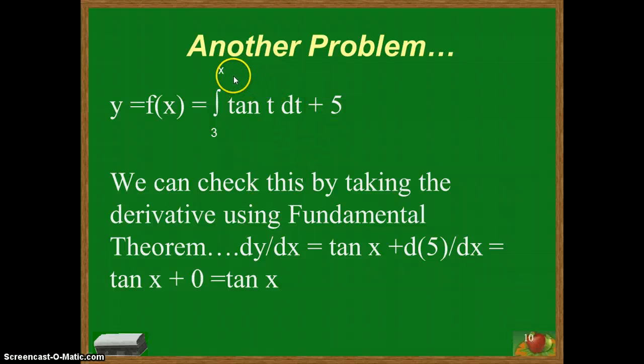Because I know that f of 3 equals 5, and the only way f of 3 can equal 5 is if I add 5 to the original integral, because evaluating just this integral from 3 to 3 is 0, so f of 3 has to equal 5. We can check this by taking the derivative using the fundamental theorem. dy/dx would be tan x, and the derivative of 5 would be 0, so I'm left with tan x, and that's what we were originally given.